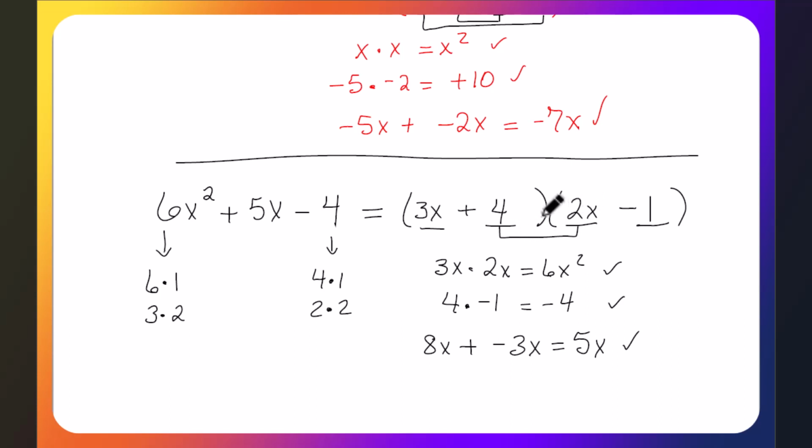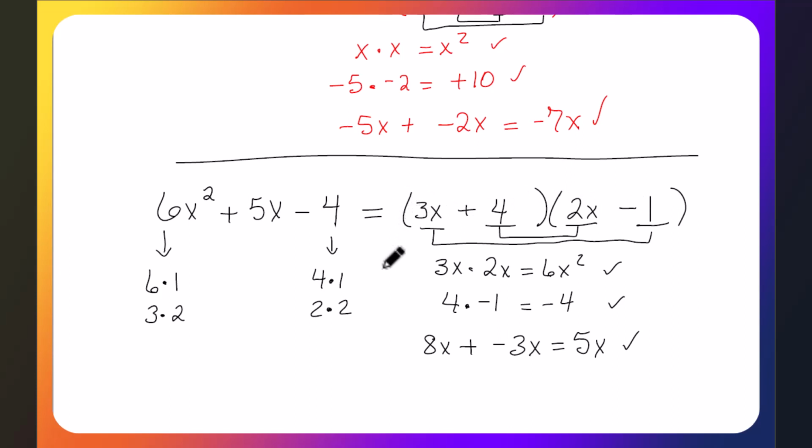That would give me an 8x. And if I look at the outside, that would give me a minus 3x. And 8x add a minus 3x is the plus 5x in the middle. So sometimes you're lucky. You can hit the correct factorization on the first try.